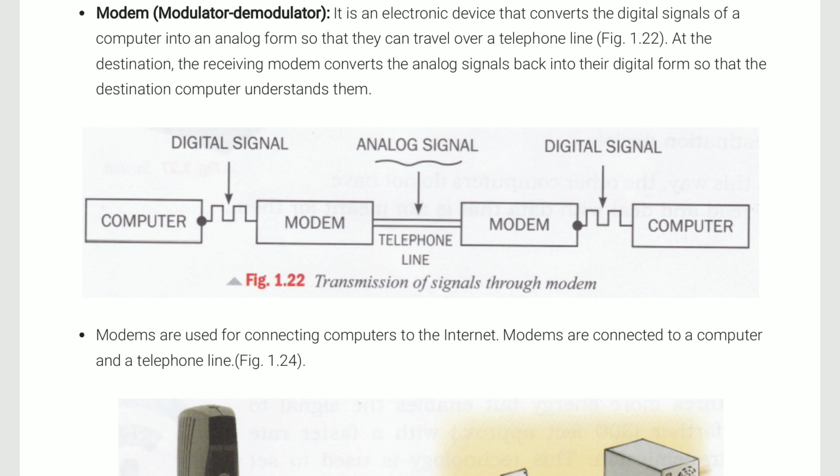As you all know, the computer understands only digital signals. Okay, and whenever we transmit data from one computer to another over the internet via telephone lines or cable lines, the computer is connected to a modem.